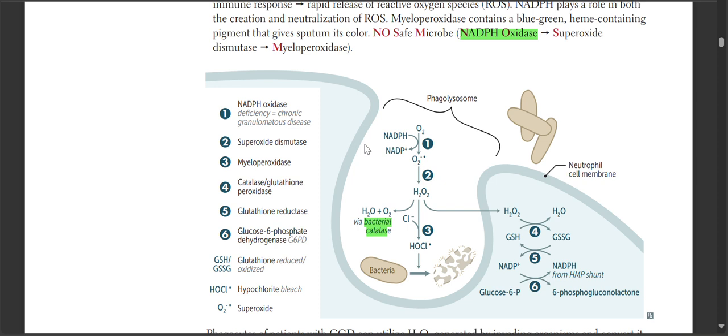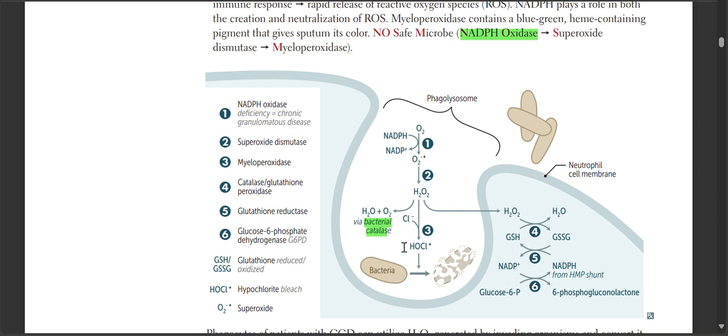When we study more diseases, we'll also know that there is a problem when you cannot combine the phagosome and the lysosome. That's called Chediak-Higashi syndrome. But here in the phagolysosome, the lysosome has merged with the bacteria, but because of the deficiency of NADPH oxidase, you cannot kill the bacteria because your lysosome cannot produce the bleach.